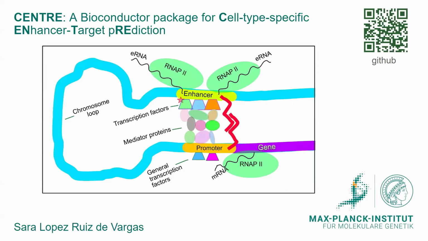Hi, I'm Sarah. I'm presenting a Bioconductor package for cell type specific enhancer target prediction. We want to submit it soon. It's a bit more general than the previous enhancer target step, and it's also more fine-tuned and looks at more cases that could happen. I'm not going to go over the enhancer target stuff again because Persia explained it so well.